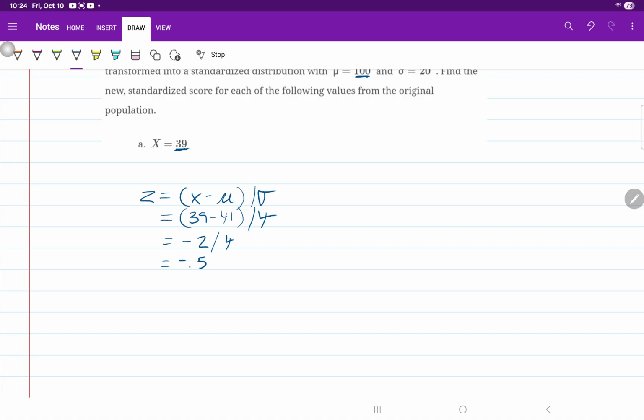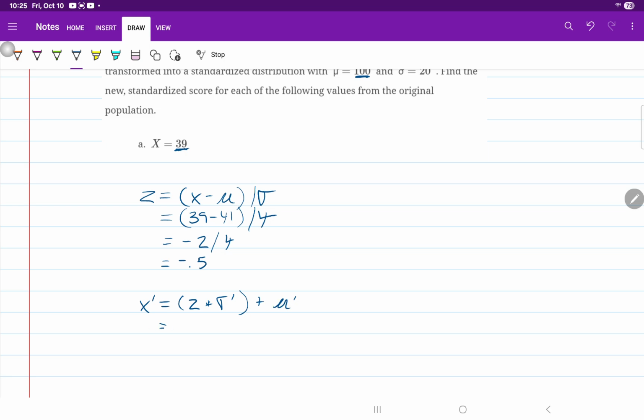To do that, we go back to the formula that we used in the previous question. This time we'll call it x prime, and that is going to equal our z-score times our new standard deviation, which we'll call sigma prime, plus our new mean, which we'll call mu prime.